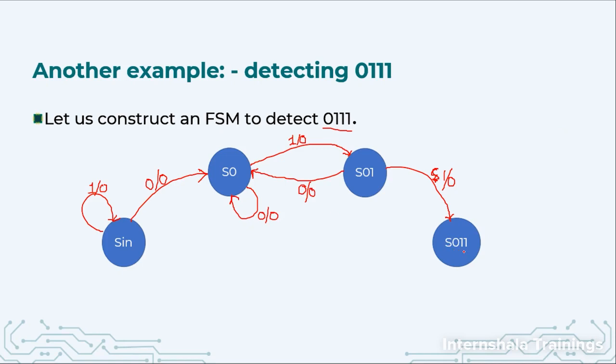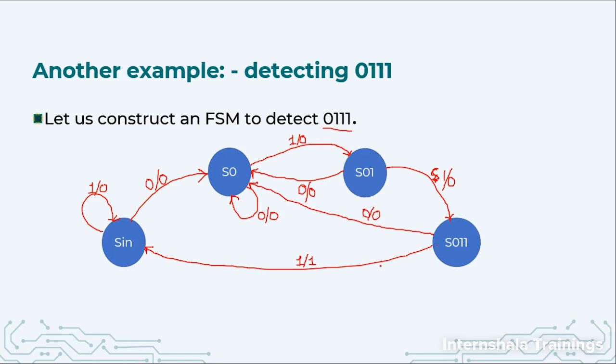If the input is 1, that means we have detected the pattern, but I cannot use this pattern again, so I will go back to S initial. If input is 1, output will be 1 and we will go to S initial. But if input is 0, then we will go back to S0, but output will be 0.